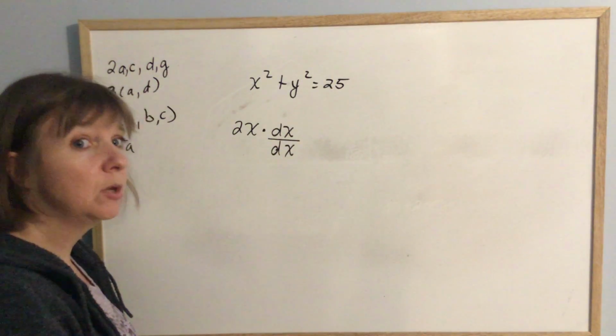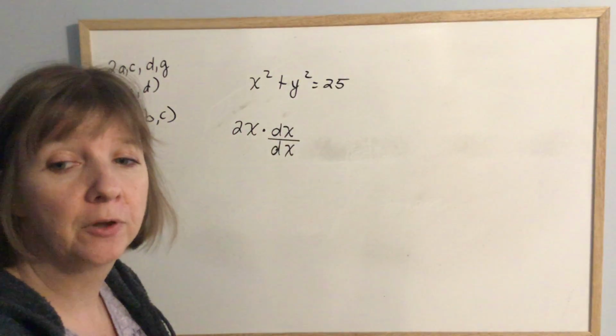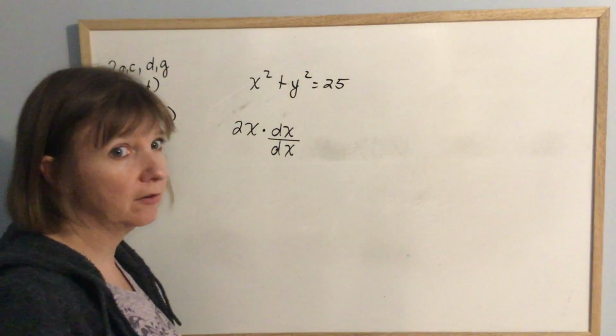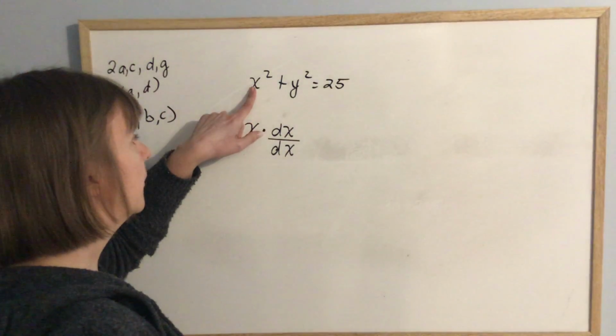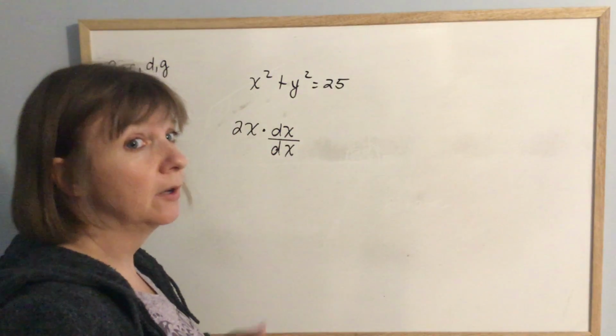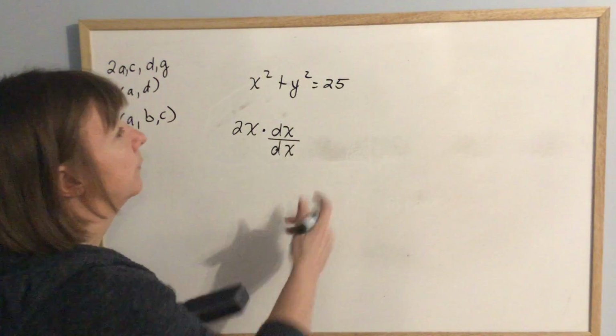But that's just going to be 1 anyway, because dx over dx, anything over itself, is just 1 anyway. So I don't bother to put that. If I'm doing the derivative of the thing that I'm doing the derivative with respect to, I don't bother to put it. You can if you want to, but you don't have to.